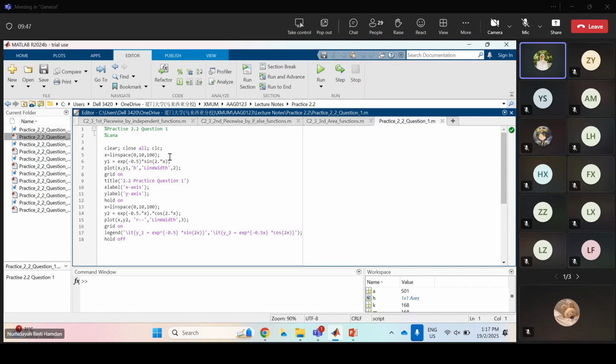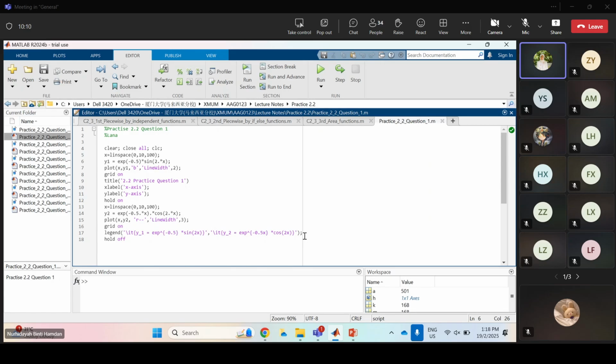First set the value 0 until 10 for 100 values. I use linspace. So this is my equation for the first question, which is exponent negative 0.5x times sine 2 dot times x.